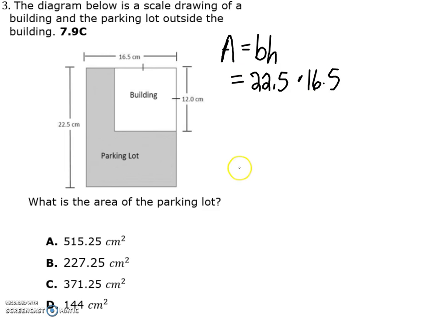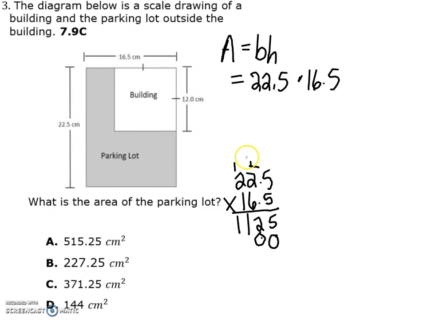So off to the side, we're going to multiply. So 5 times 5 is 25. 5 times 2 is 10, plus 2 is 12. 5 times 2 is 10, plus 1 is 11. Put a placeholder. 6 times 5 is 30. 6 times 2 is 12, plus 3 is 15. 6 times 2 is 12, plus 1 is 13.